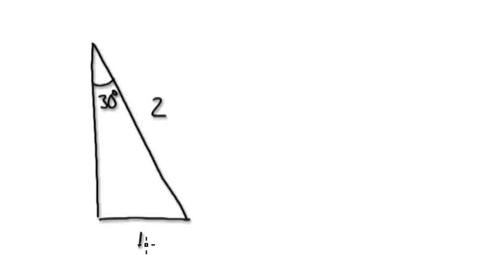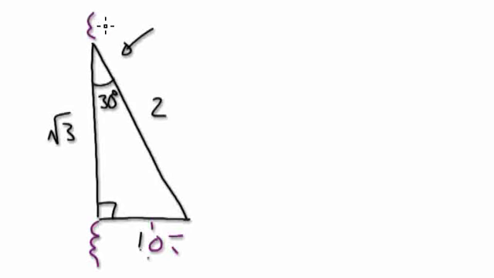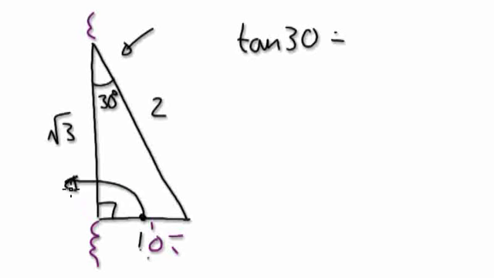This is 2, this is 1, and this is root 3. If we are looking at 30, then our imaginary sun would be down here. Tan 30 would be 1 over root 3.